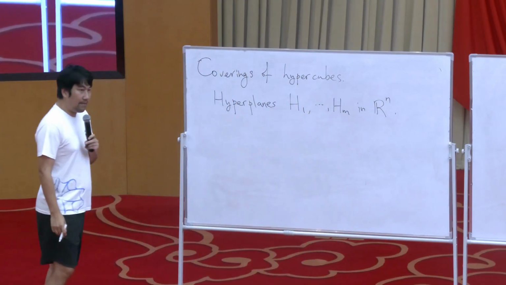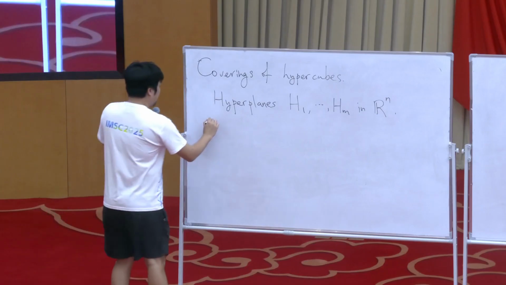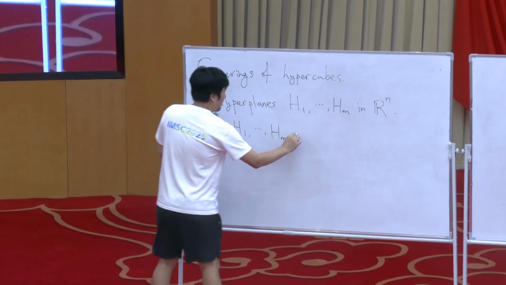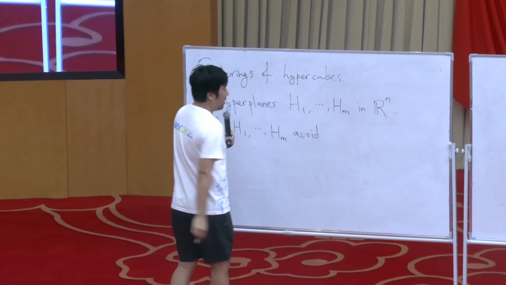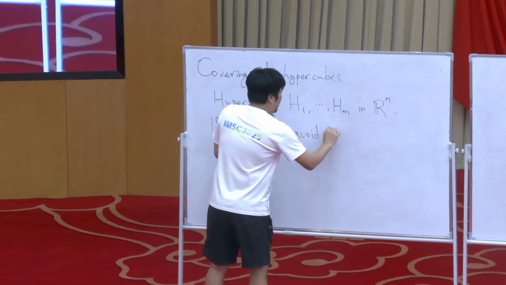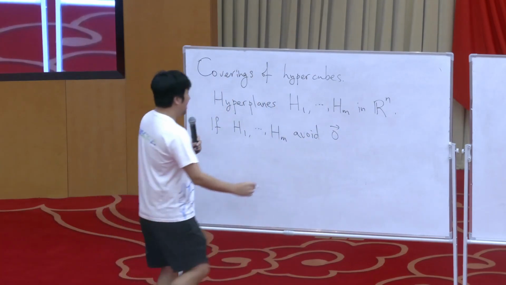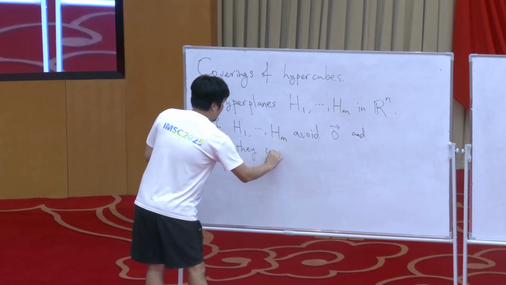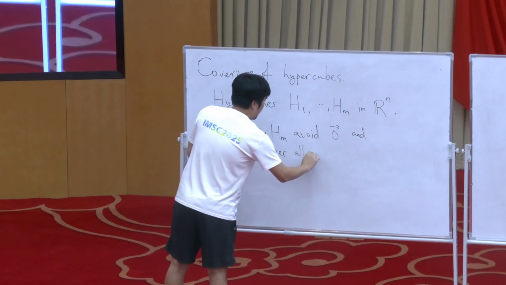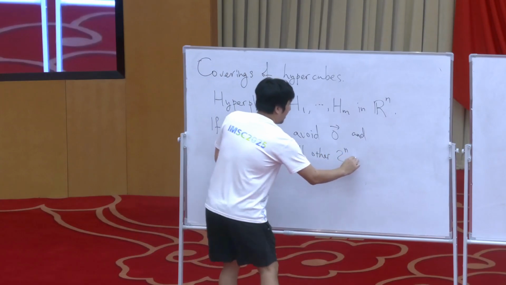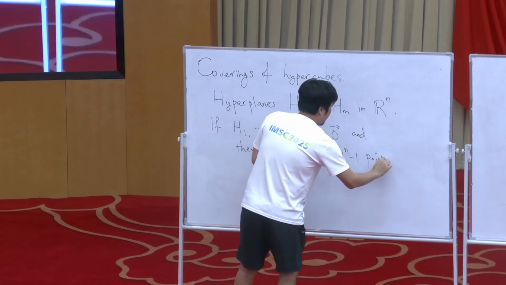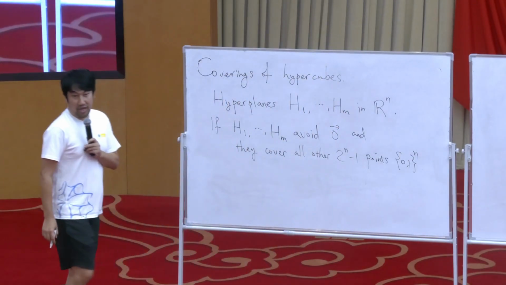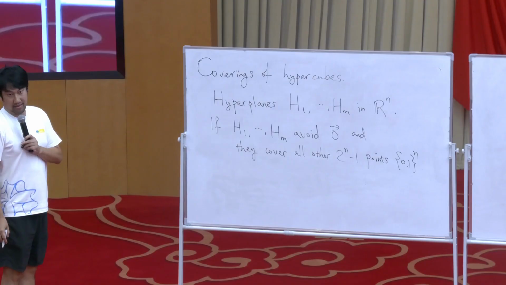What we know about these hyperplanes is that they all avoid the origin, and they cover all the other 2^n - 1 points in the cube {0,1}^n. Probably you have seen this problem last week.